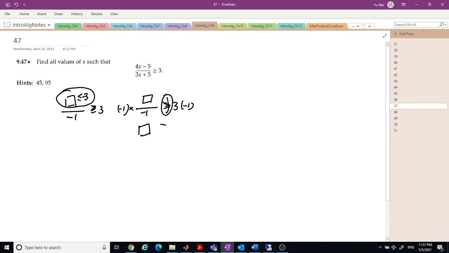If you didn't flip, it becomes greater or equal than -3, so it doesn't make any sense. That's why we need to flip it. Okay, so when we times a negative number, we always need to change the sign of this.